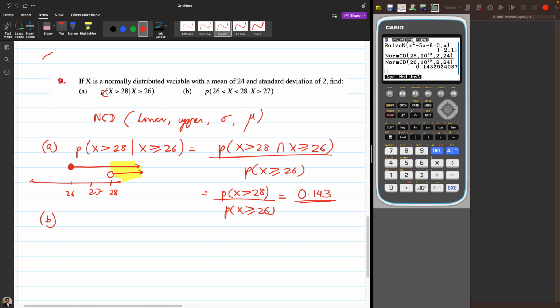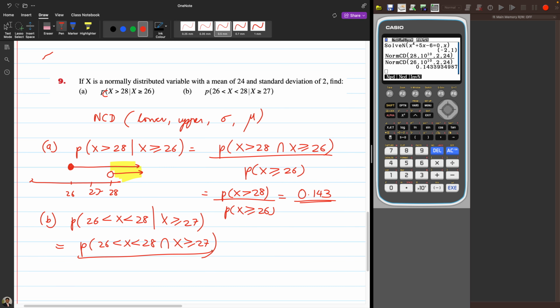Part B, probability 26 is less than x is less than 28, given that x is greater than or equal to 27. So that will be probability 26 is less than x is less than 28 and x is greater than or equal to 27, upon probability x is greater than or equal to 27. Now again you think of the number line.